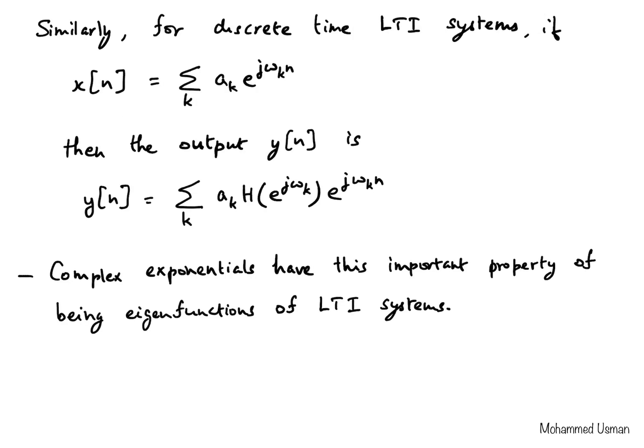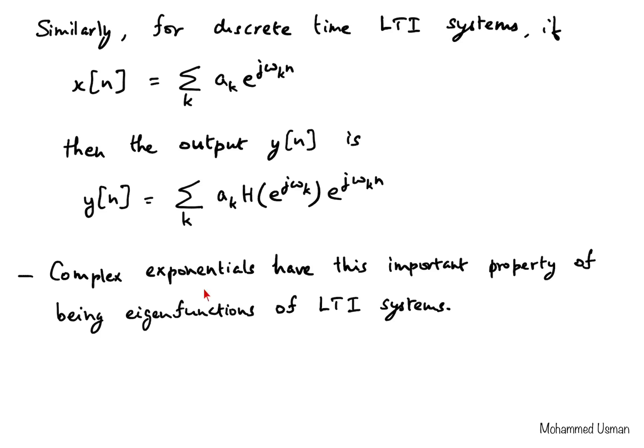Now we can extend the same analogy to the discrete time LTI system. So if we can represent our input signal, that is a discrete input signal x of n, as a linear combination of the discrete complex exponential, then the output is a linear combination of the complex exponential as well. So again, from the superposition property, we get this in a straightforward way, just as we did for the continuous time case.